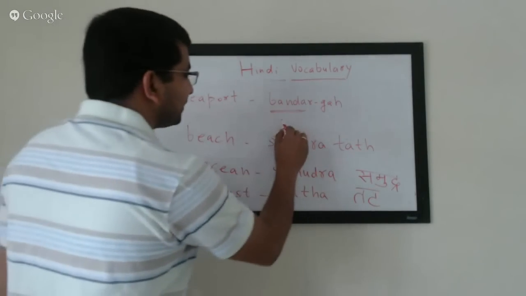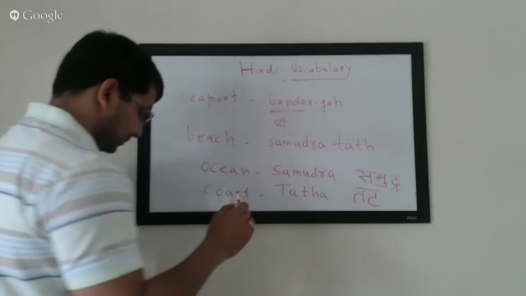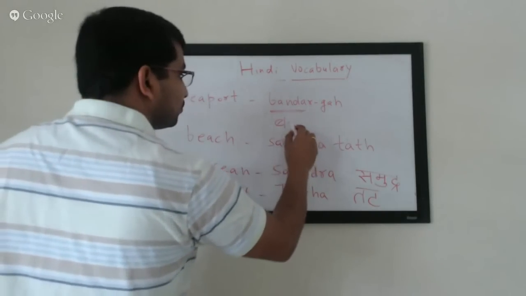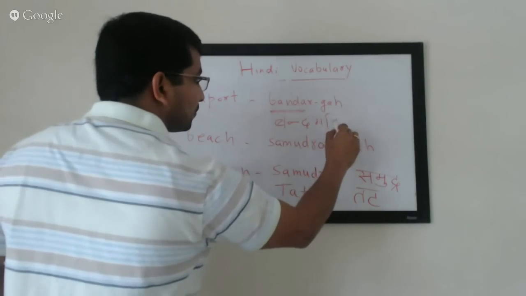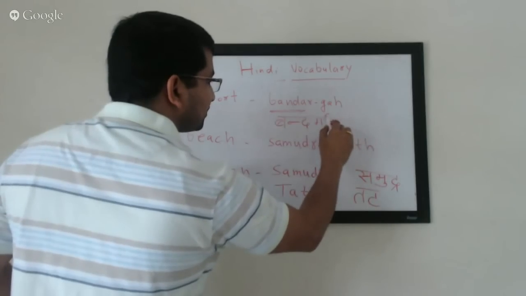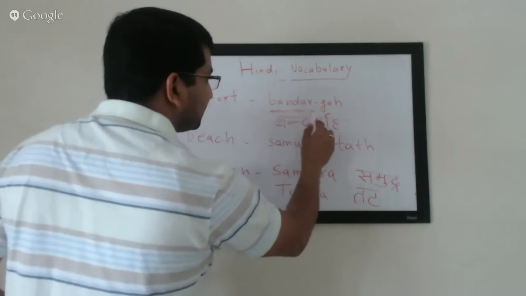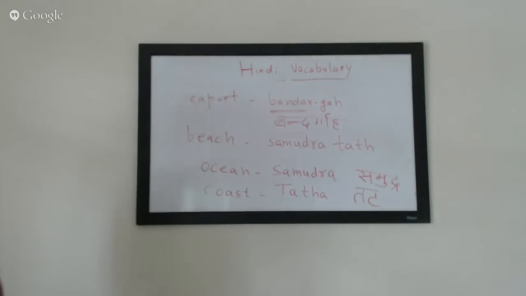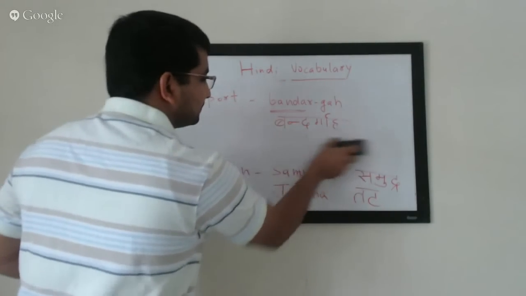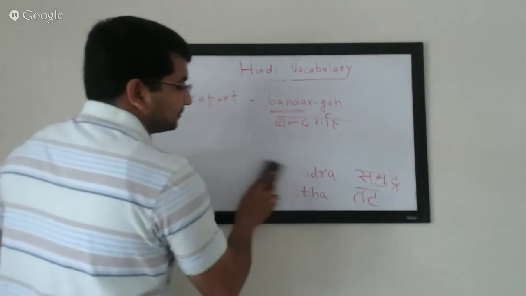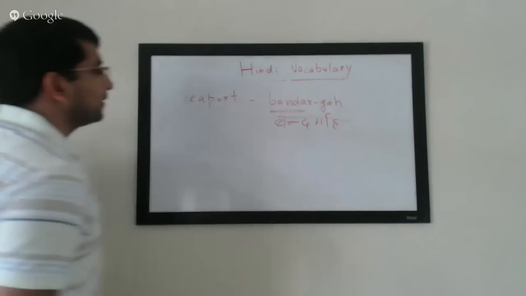The way you write it is you have ba and then an r on top of ga. So again bandar gah, bandar gah.